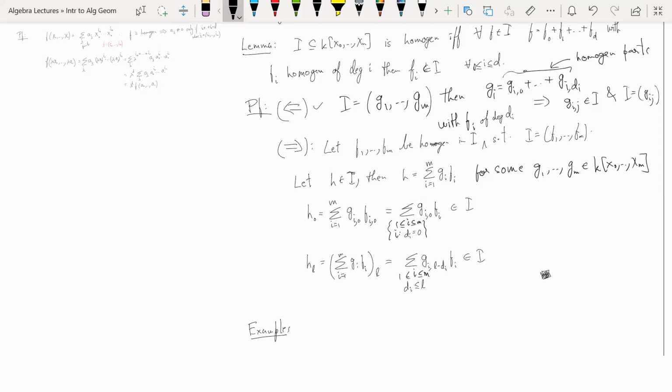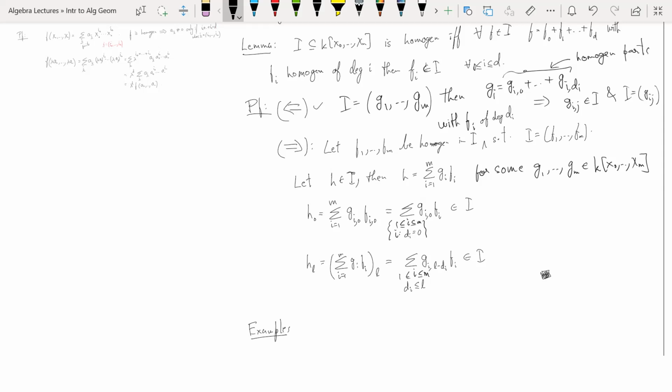Then only you will get the homogeneous degree L piece.